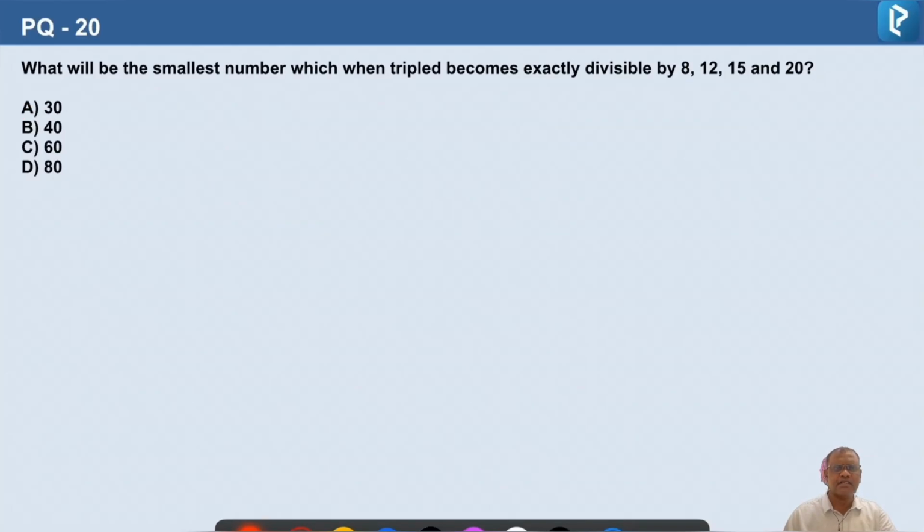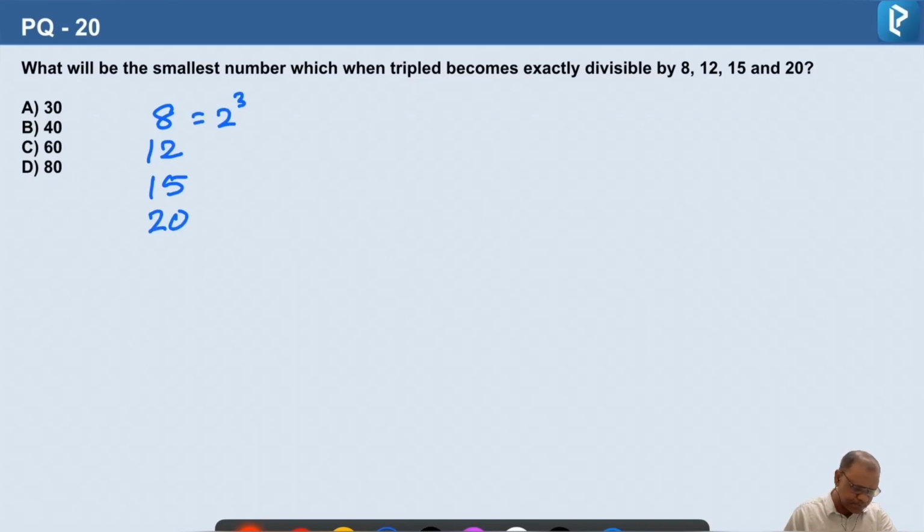Question number 20. What will be the smallest number which when tripled becomes exactly divisible by 8, 12, 15 and 20? Here also we need to find the LCM. We can also use options, but that will take time, so we will directly find the LCM. Finding the LCM is the shortest method. 8, 12, 15 and 20.